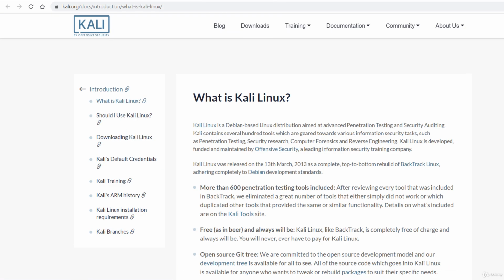Let's see what Kali Linux is. Kali Linux is the world's most popular, offensive, security-optimized Linux distribution. Based on Debian testing, Kali includes more than 600 penetration testing tools, including the big ones like Metasploit, Nmap, and AirCrackNG, but also a wide variety of more obscure and specialized tools.